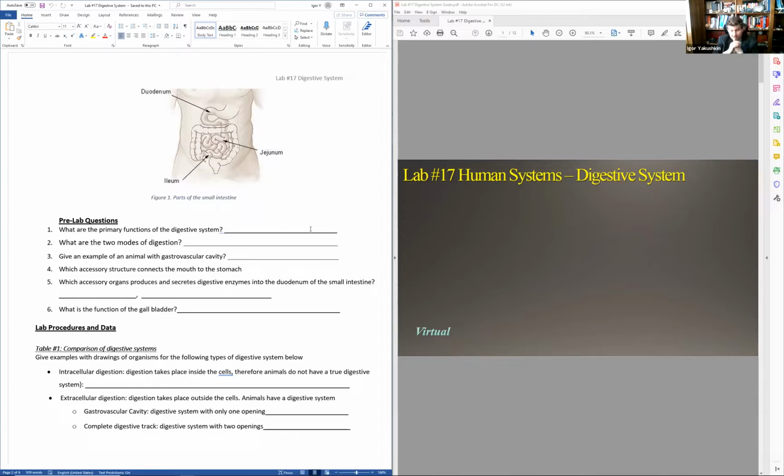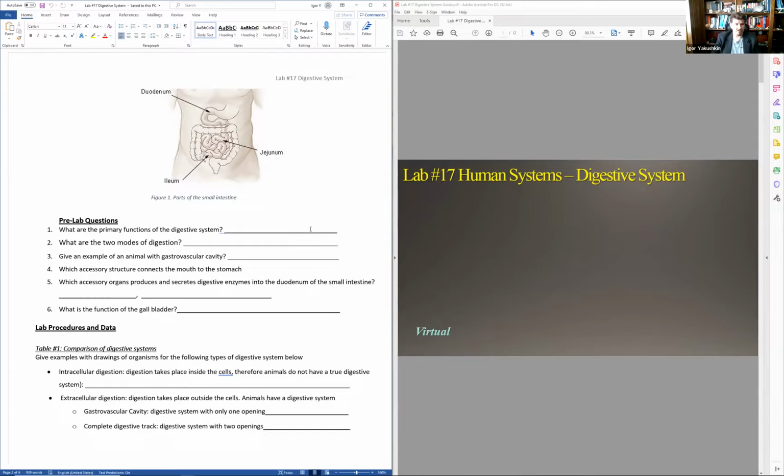Cnidarians and flatworms for sure have a gastrovascular cavity. Ctenophores, you can make an argument they do not. Well, they have some sort of cavity, but it's not there on this level. We can discuss that, but yeah. So cnidarians and flatworms will be just fine. If you say, well, I feel like ctenophores have the gastrovascular cavity as well, I'll buy it on this level of biology.